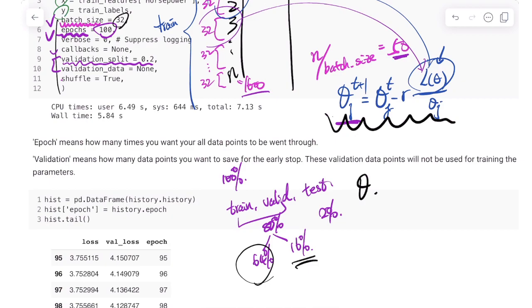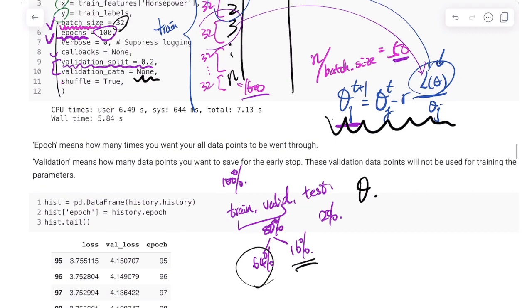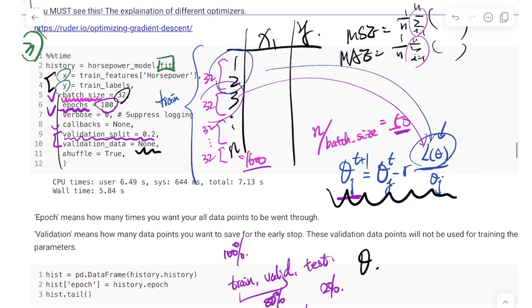If the validation data is none, that means we simply use the entire training data and randomly select 20% of it as the validation data.